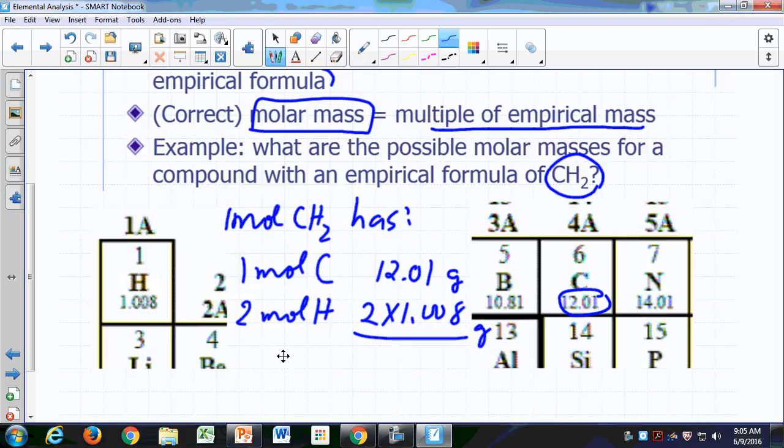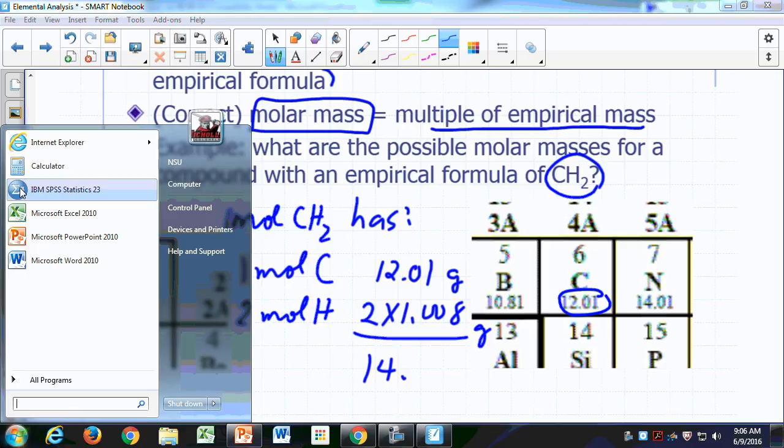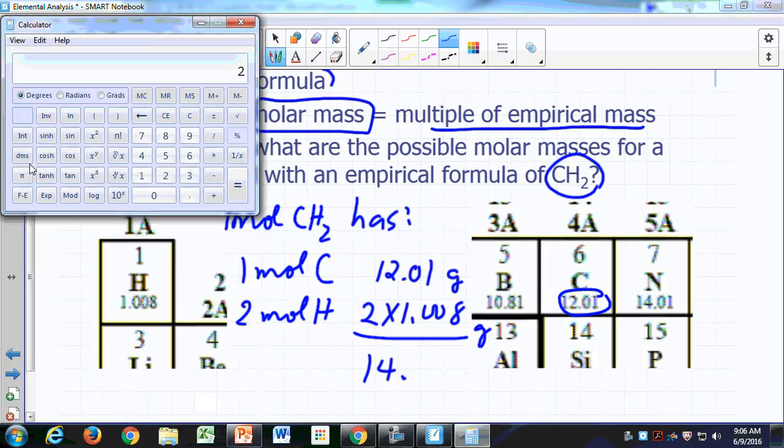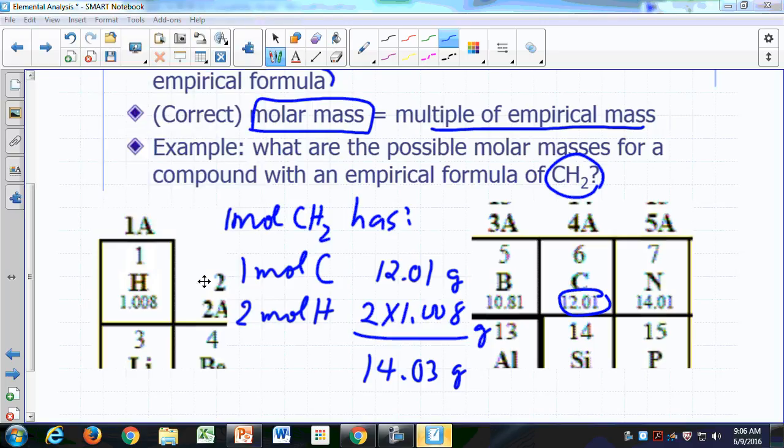So that's a total of, let me see, 2 times 1.008 plus 12.01, 14.03 grams. So the empirical mass of CH2 is 14.03.